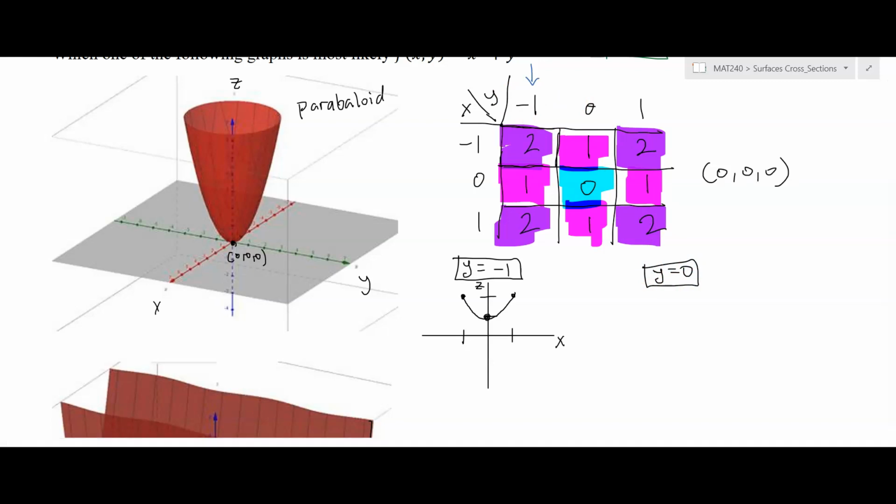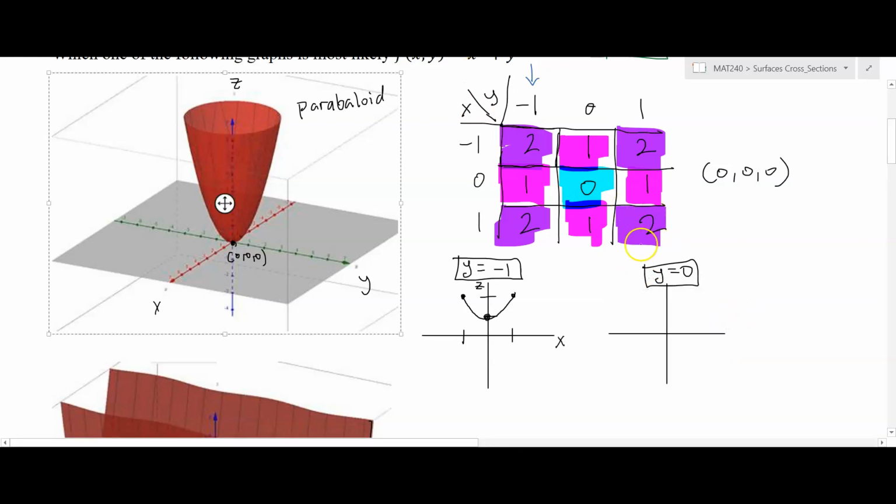When y equals 0, if we looked at that cross section, as we'll call them soon, we'll define these to be cross sections. And now I take a look at the plot between z and x. So here I have my z-axis and my x-axis. But when y is being held equal to 0, now when x is -1, my z value is +1.